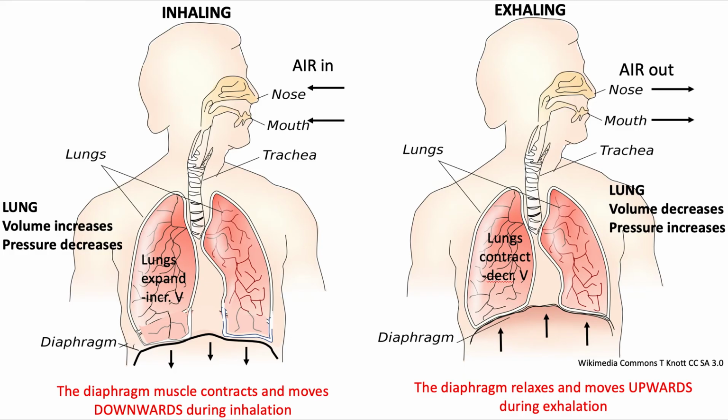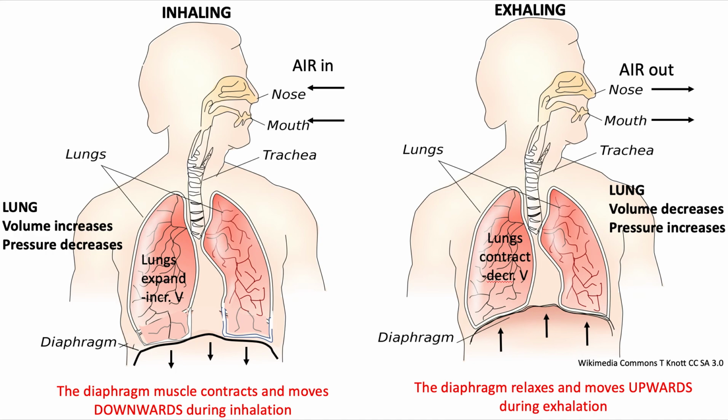Another application that we use in everyday life, inhaling and exhaling with the volume of the lung. So the muscle just at the top of your abdomen underneath the lungs contracts and moves the thoracic cavity, the lung cavity, downwards, increasing the volume. So there's lower pressure in the lungs.